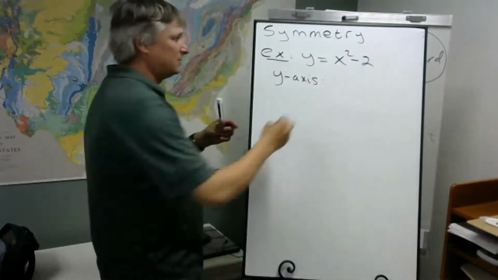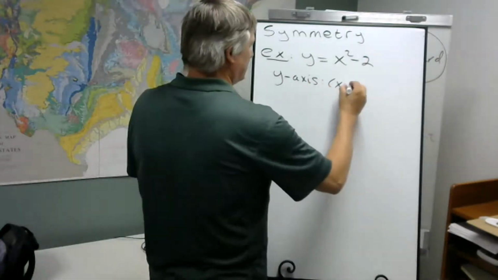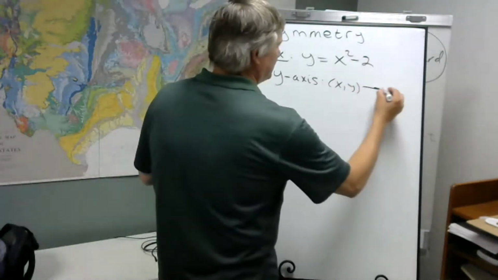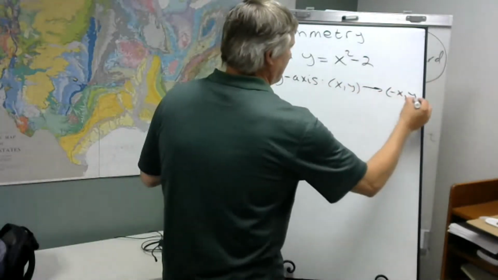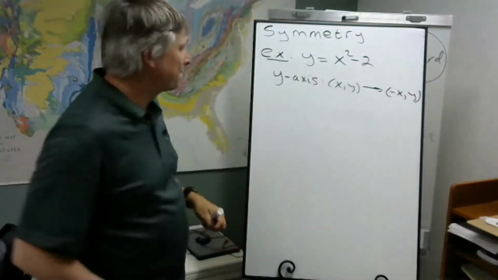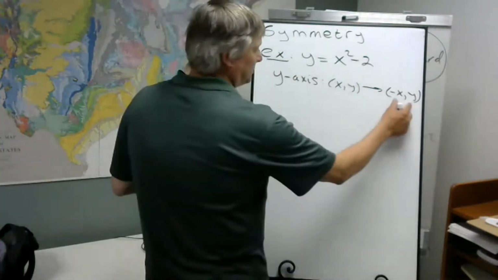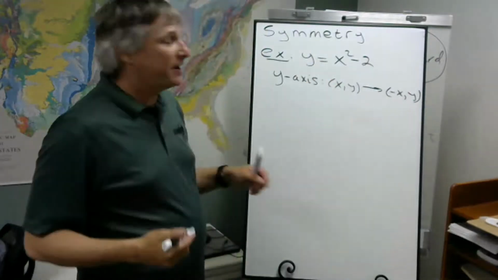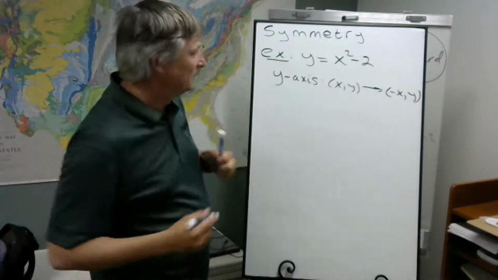So y-axis means if (x, y) satisfies the equation, then so does (negative x, y). Well, is this true for y equals x squared minus 2? Let's substitute negative x comma y into the equation and see if it simplifies to stay the same.